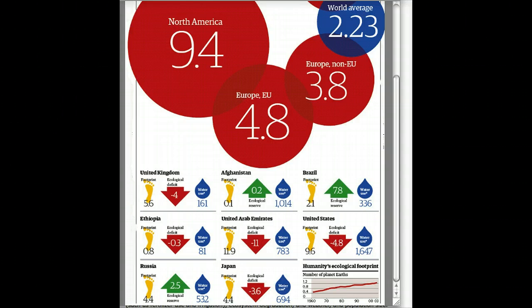It suggests measuring impact by calculating the amount of land, so that was the hectares that we talked about a few minutes ago, that would be required to provide the natural resources consumed by the population of various nations and to absorb their wastes. So it talks both about resources and sinks. In other words, where do the wastes go, and is there the capacity of the earth to absorb those wastes?